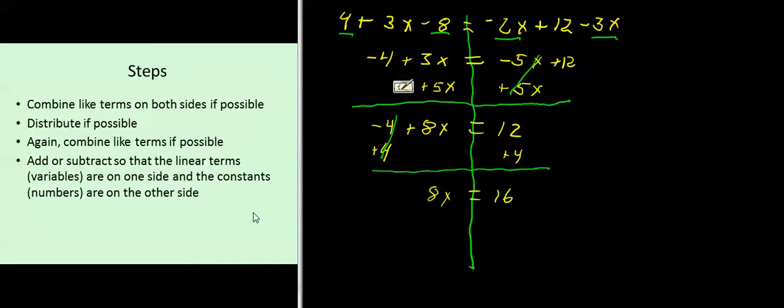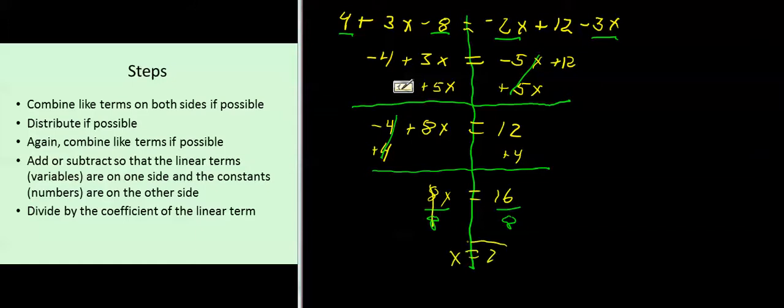Now, the next step is to divide by the coefficient of the linear term. My coefficient of my linear term here is 8. So I divide both sides by 8. And lastly, I end up with x equals 2. And I've solved my equation.